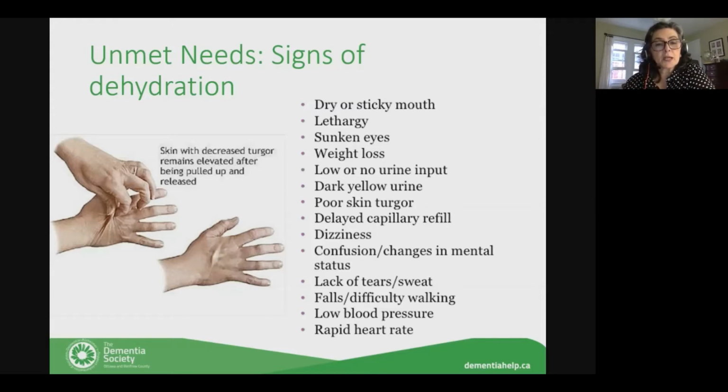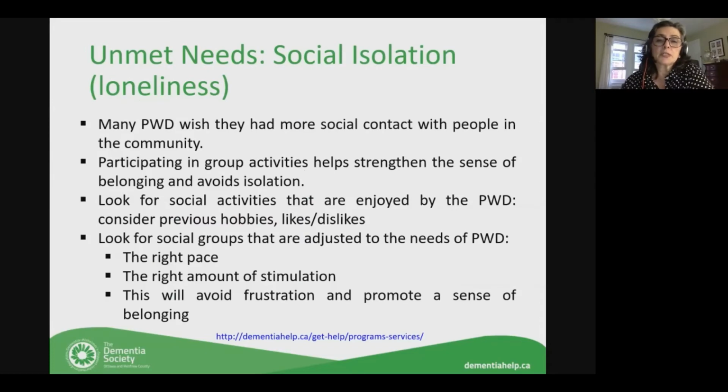And if it stays up after it's released, it's an indication that someone is dehydrated. And dehydration creates lethargy and medical issues, but also dizziness, and then of course proneness to falls, confusion and a change in mental status, difficulty walking, and rapid heart rate. So obviously making sure that we take care of basic physiological needs is very important.